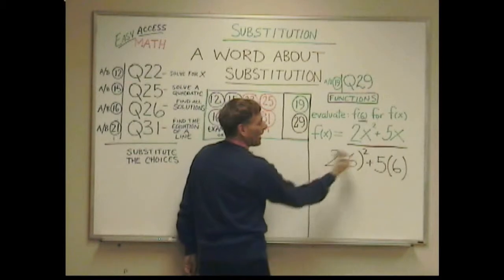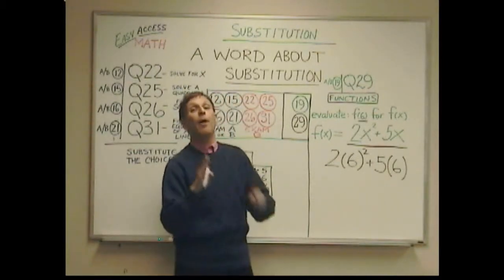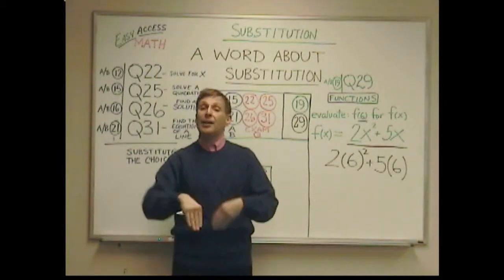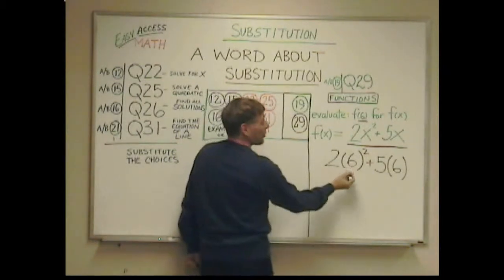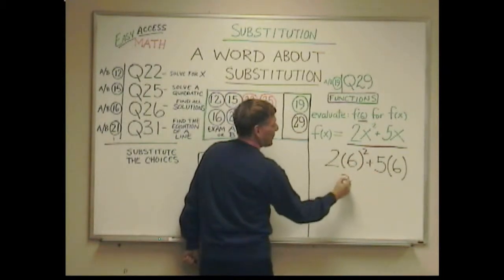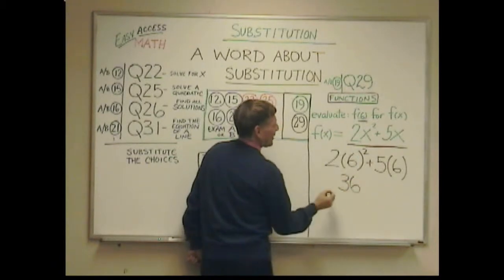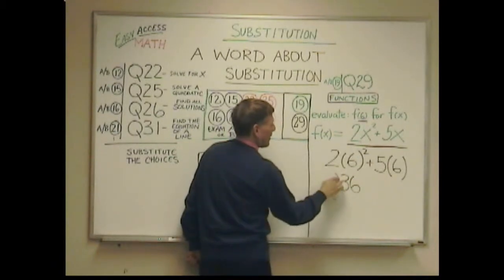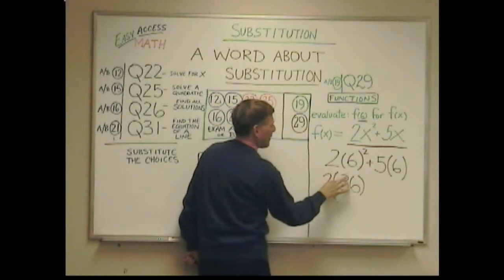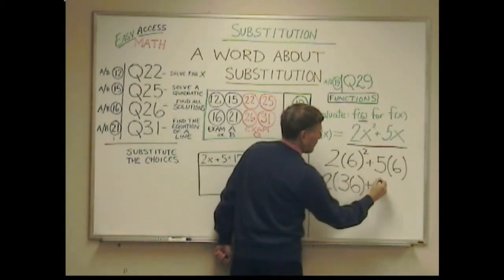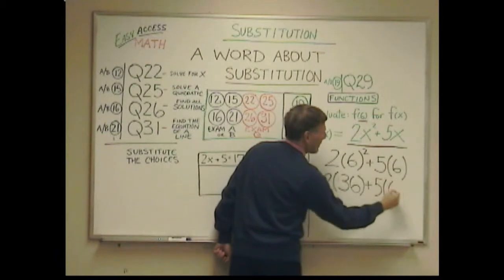And when I work it out, using my order of operations, I'll do the exponent first. So I have 6 squared is 36, and that's in the parenthesis now, and plus 5 times 6.